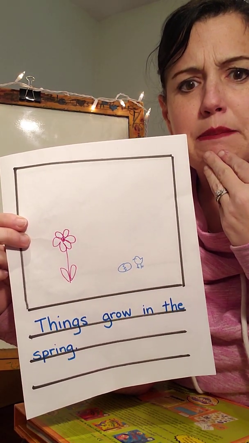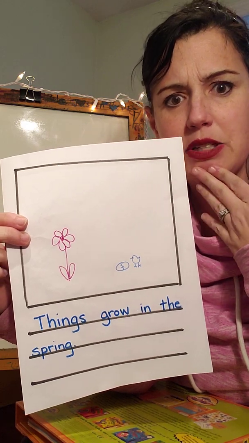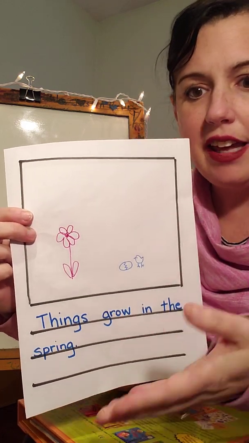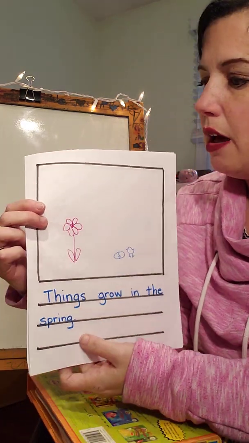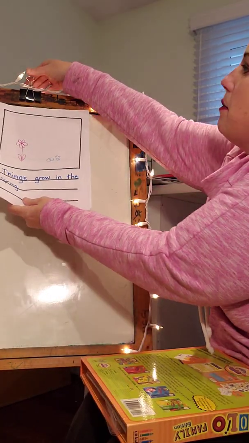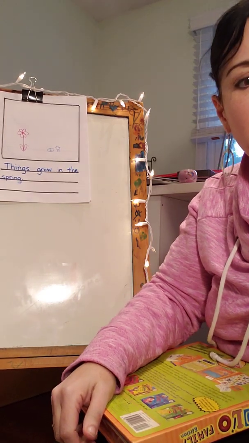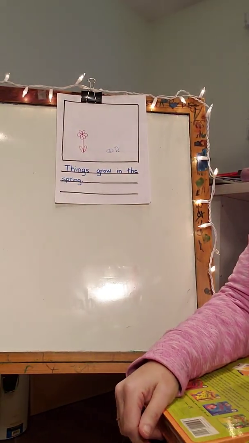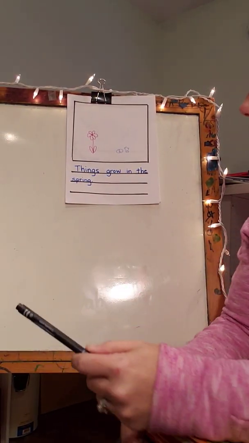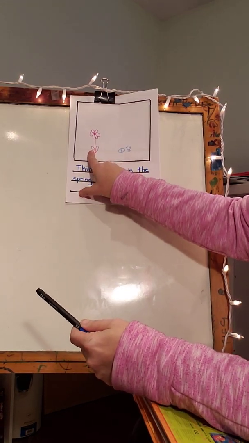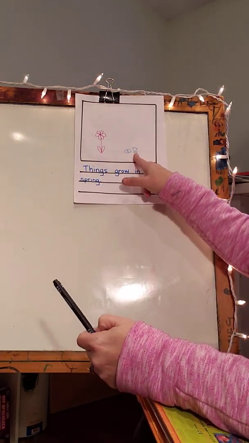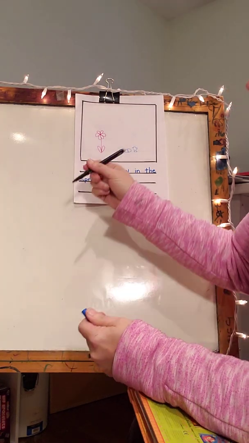So my words don't exactly match my picture. I think I could write something more about the picture. So let me put this back up here. Things grow in the spring. Flowers and animals grow. That's something I could add.